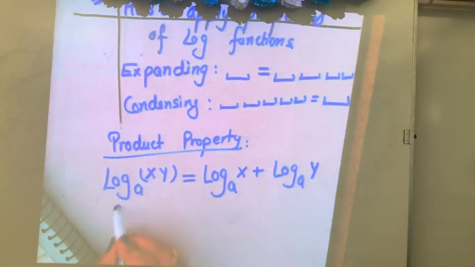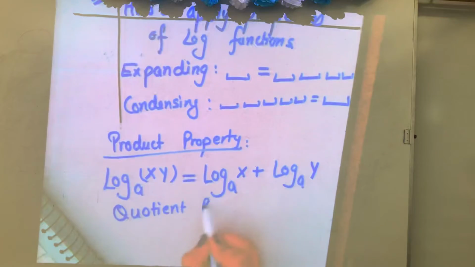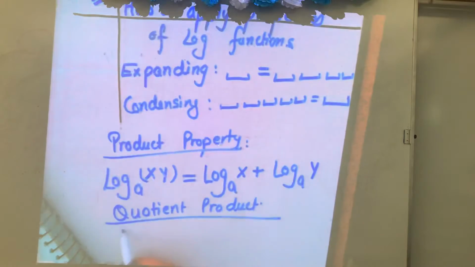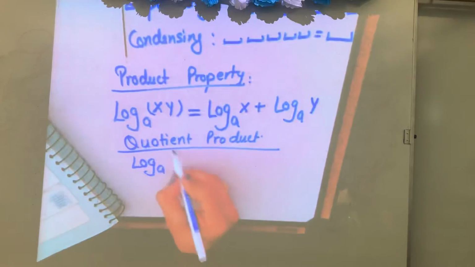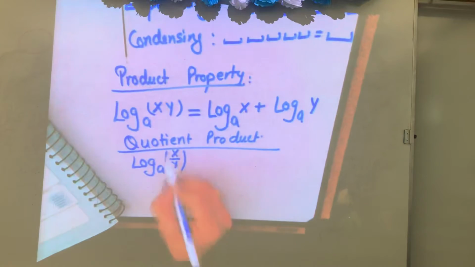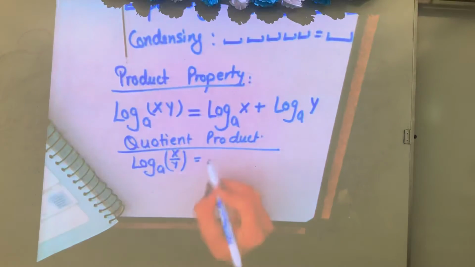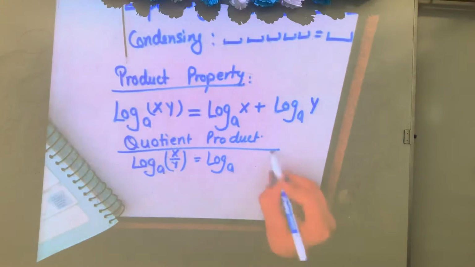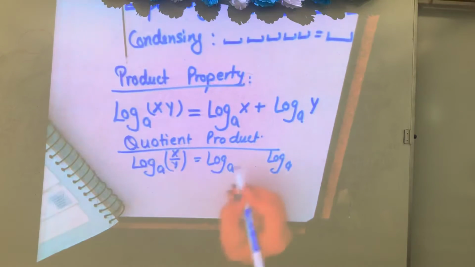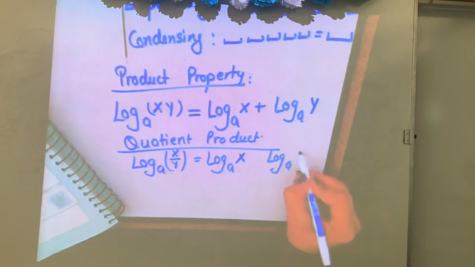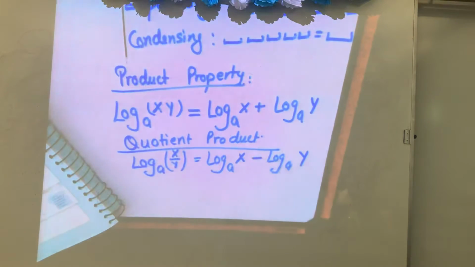The second one is called the quotient property. How to apply that? Pretty simple. If you see log with some base A and expressions are dividing like this, then just like the first one, you have log with the same base A. Since I have two terms and both dividing, I just break it apart and put a negative in the middle, because it's dividing.